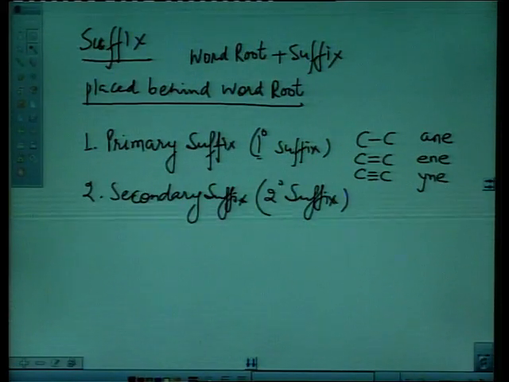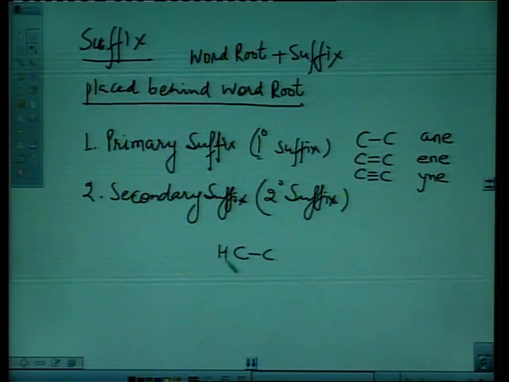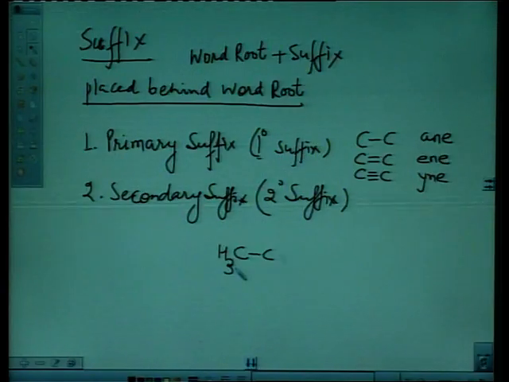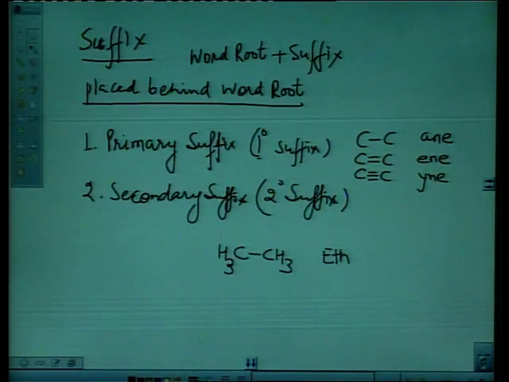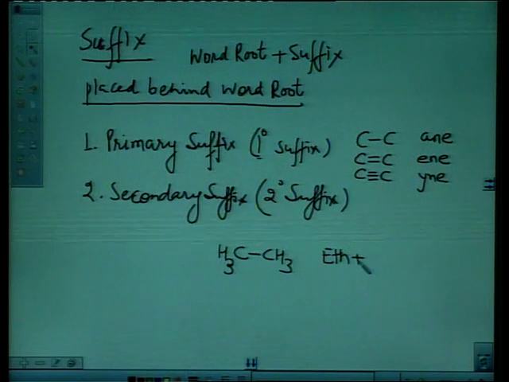For example, if I write this carbon, there is a single bond in carbon-carbon and the name is eth, as the word root is eth for 2 carbon, plus primary suffix "-ane".